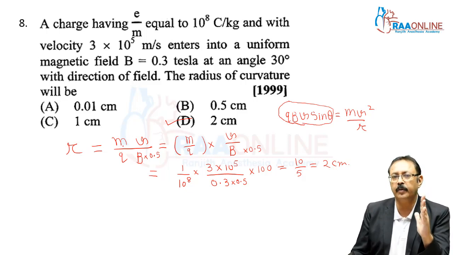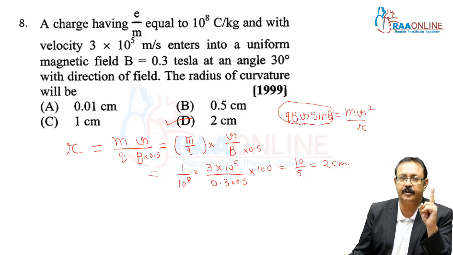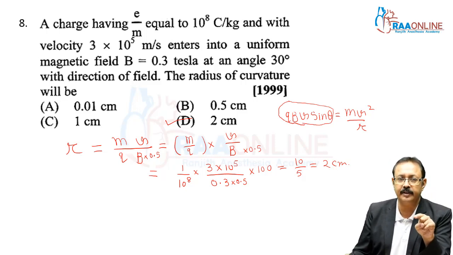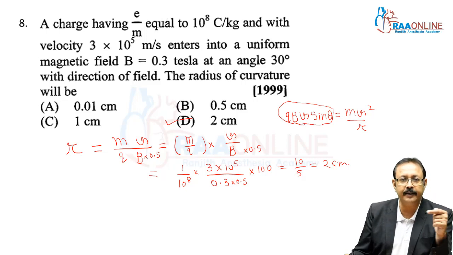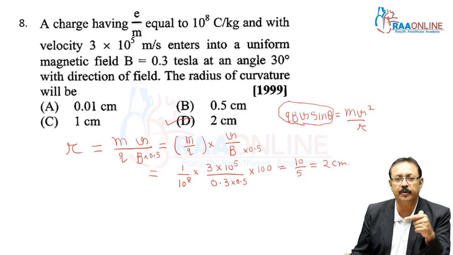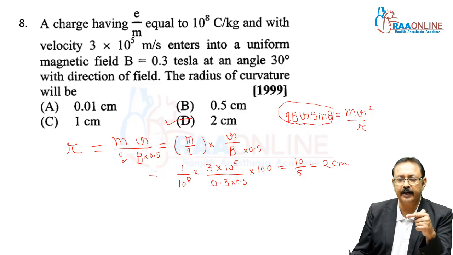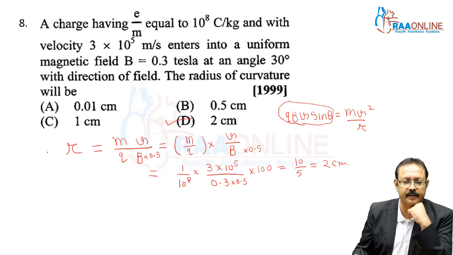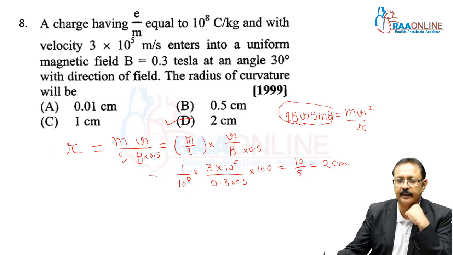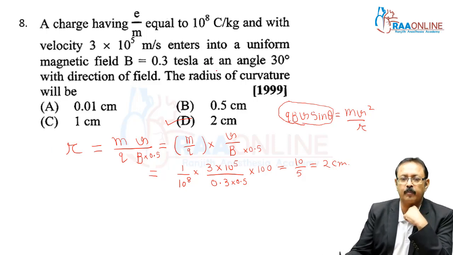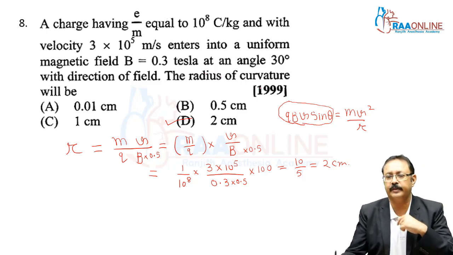It is a general formula, but remember that at the time of derivation, when we were doing this, the charge entered perpendicularly to the magnetic field. That's why we didn't take this theta. But in actual practice, we will take this sin theta. So with this type of problem you will not be confused.